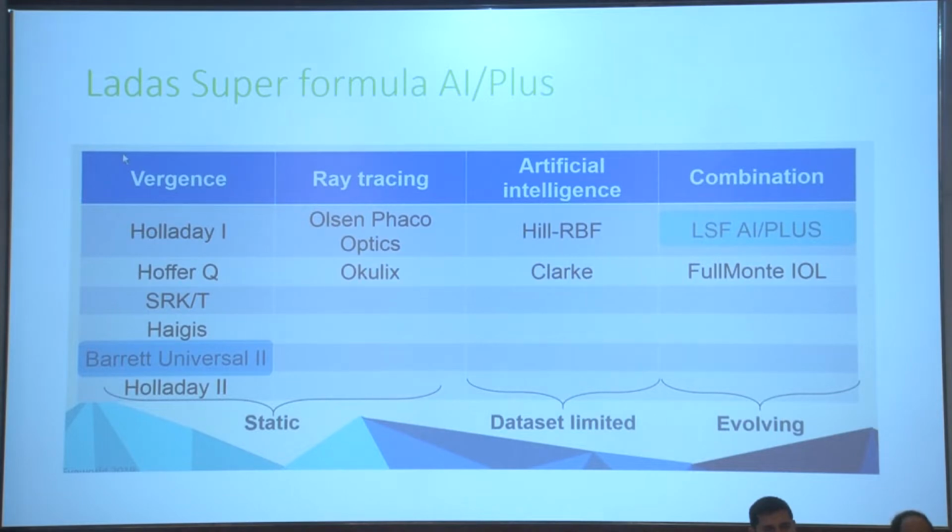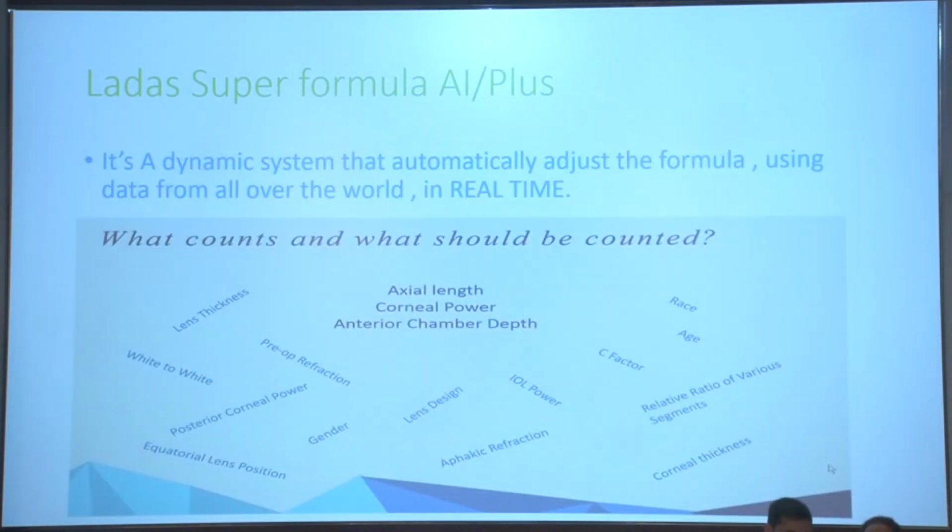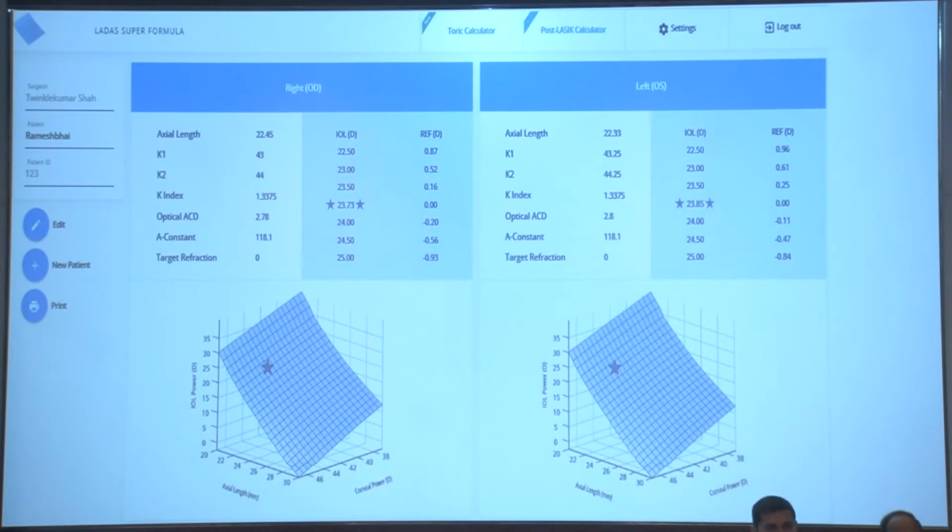But the LSF, the LADAS Super Formula, is an evolving formula. It is updated online every time, so it is a real-time formula. Whatever data is being generated in the world at present, it is already updating by itself. So it is an artificial intelligence which is updating on its own in real time, and it gives a graphical presentation.